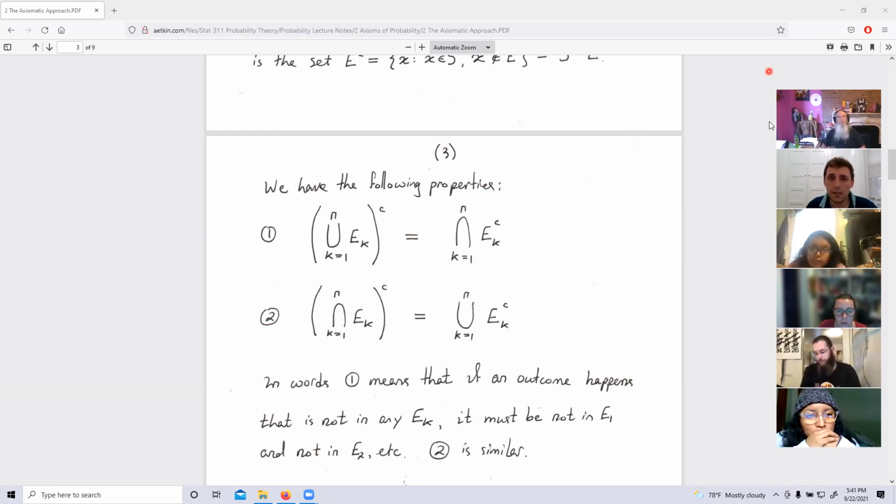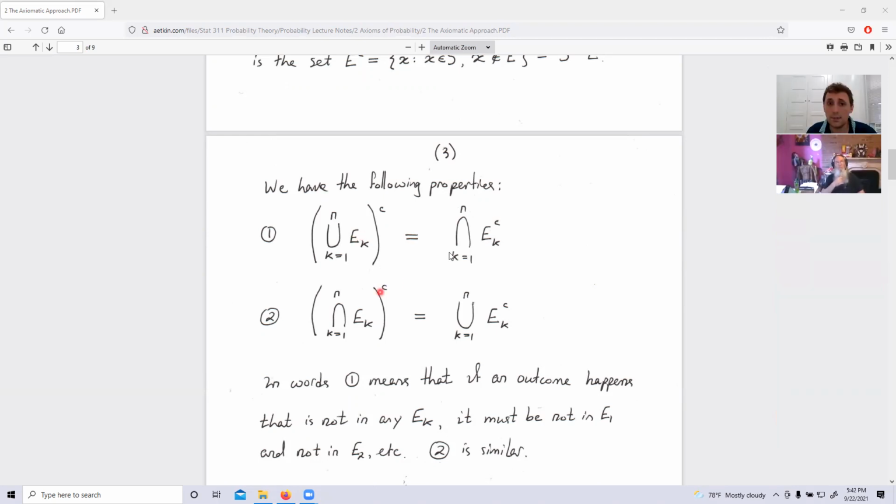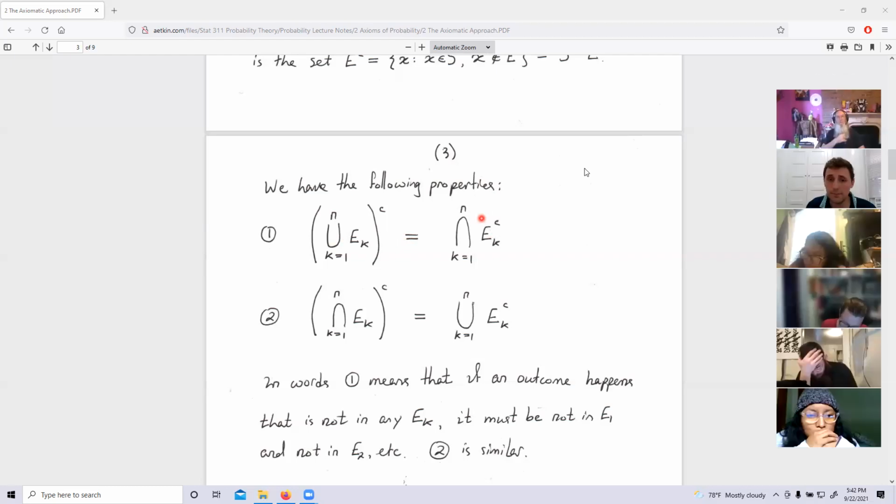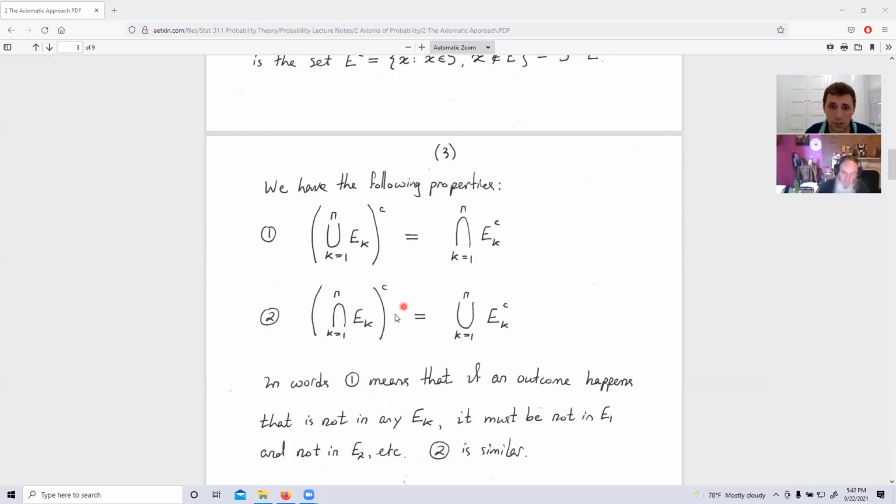If those outcomes are not in any of the Eₙ, that means they are not in E1, and not in E2 and not in E3 and so onwards. So you can see that those sets logically have to be the same. It's known, I think, as De Morgan's laws, but you can understand why that set notation is correct.